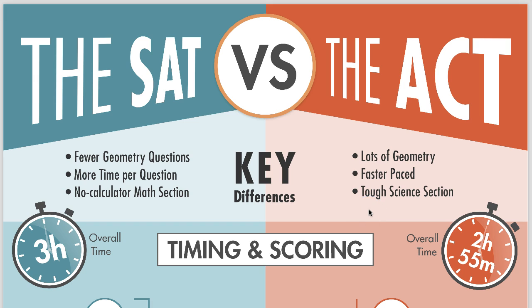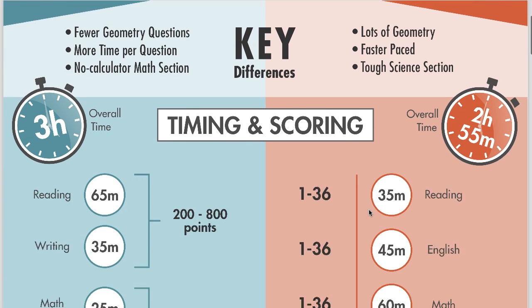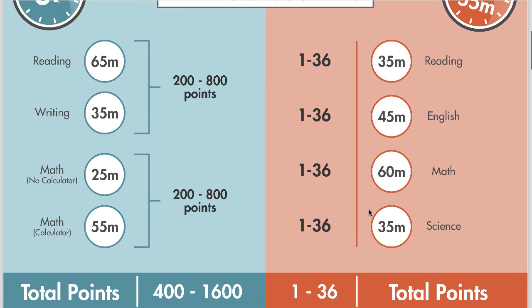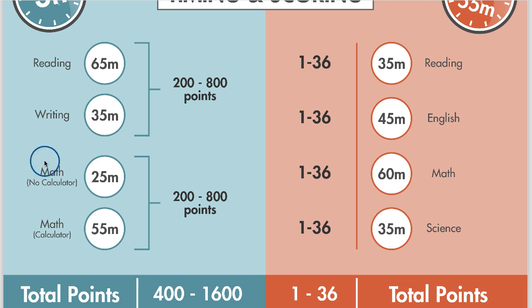Let's now break down how these are scored and timed. We see here that the SAT has 4 sections, as does the ACT. The 2 English sections, well, reading and writing on the SAT, are scored out of 800 points, 800 being the best score and 200 being the lowest score.